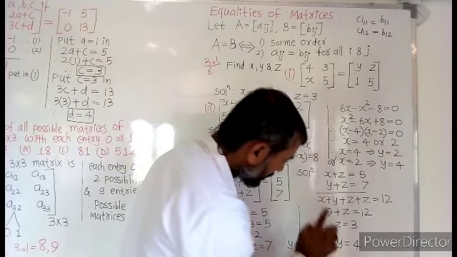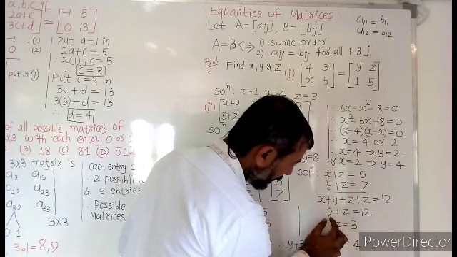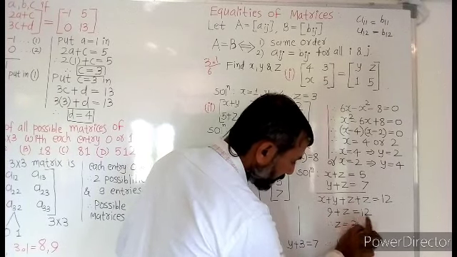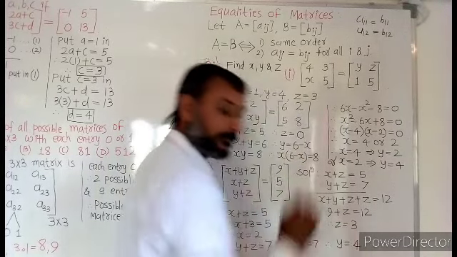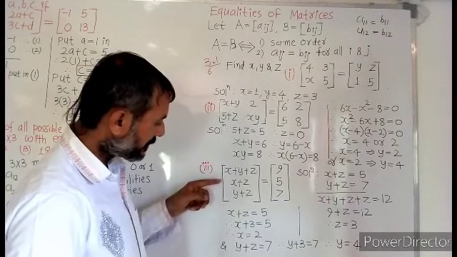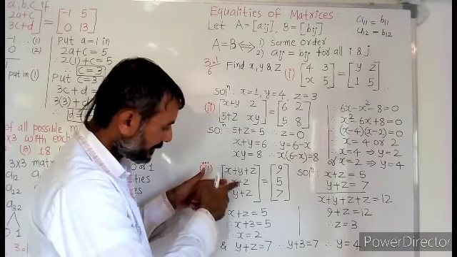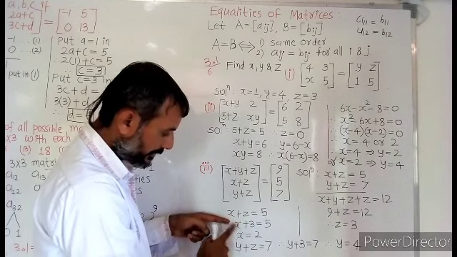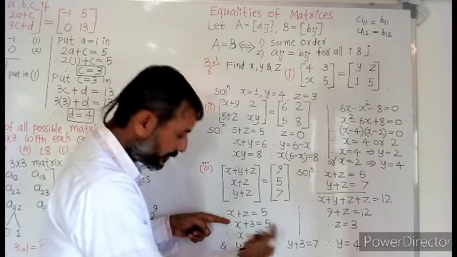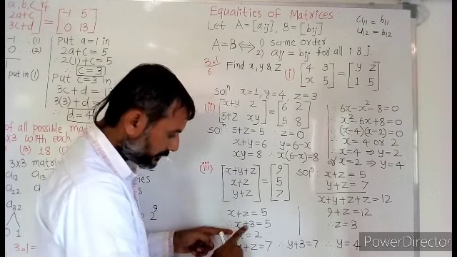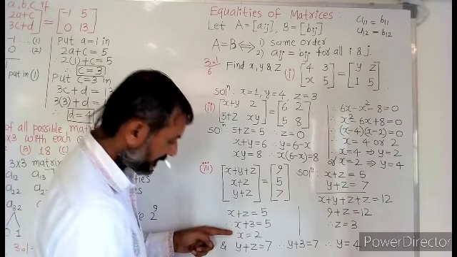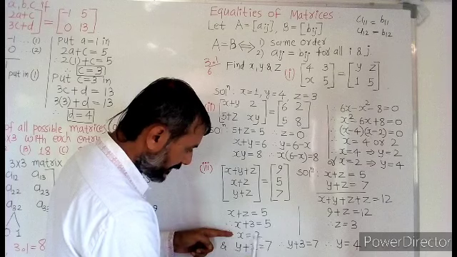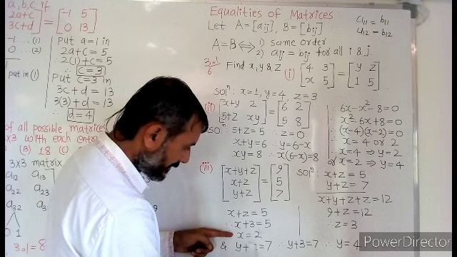So put 9 plus z equals 12, so z equals 3. Now one by one, we put z equals 3 in x plus z equals 5. So x plus 3 equals 5. Taking 3 to the left side, 5 minus 3 will be 2. So x equals 2.